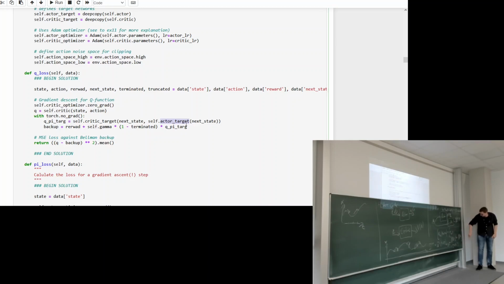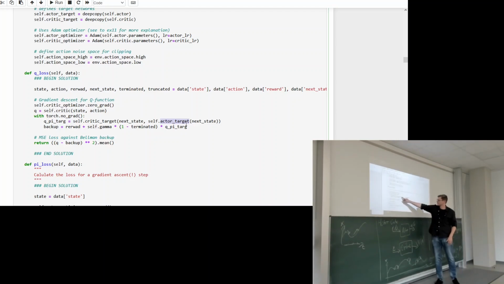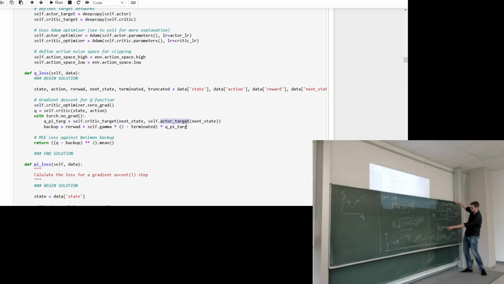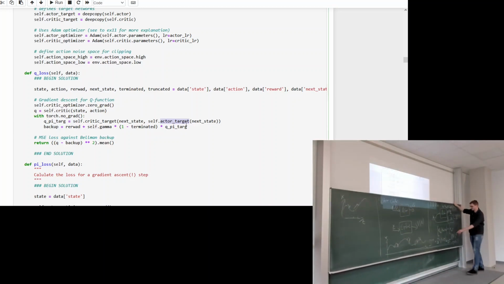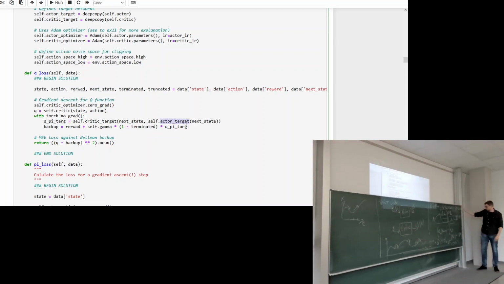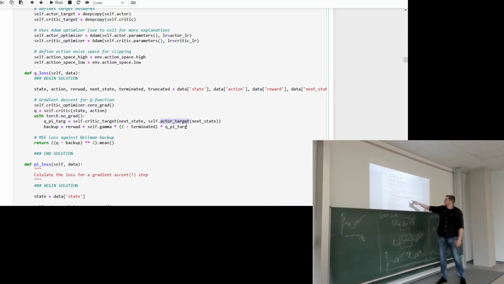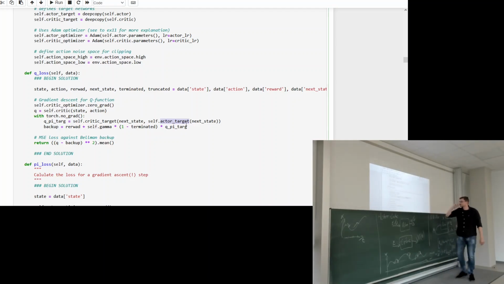I plug in the next state, because the previous state would be, in our case, x of k minus 1, but here we need to put x of k, so the next state. And then the same applies for the policy, pi of theta target. So actor target. And then of the next state to find out which action would our target actor perform in the next state once we are there.